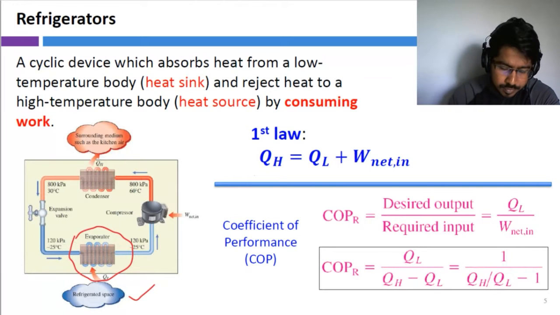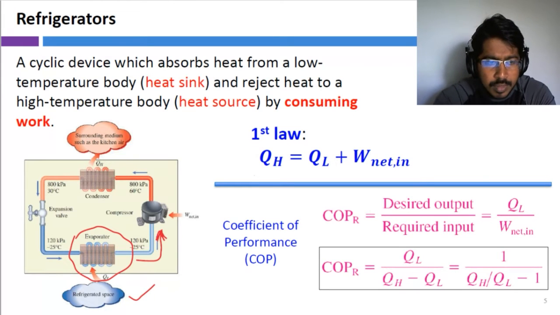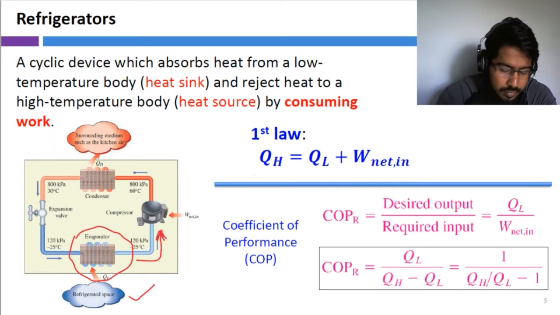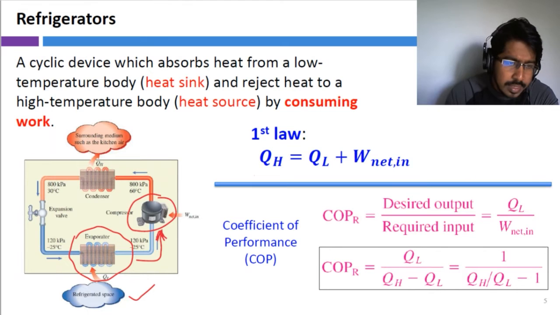After absorbing the heat from the refrigerated space, the refrigerant becomes vapor, right? And this vapor is sent to the compressor, which compresses the vapor, increases the pressure and temperature of the substance, and then sends it to the condenser.